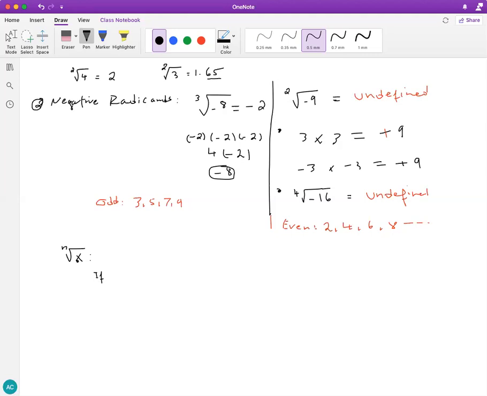So if n is even, x cannot be what? Just like here, x can't be what sign? If this is even, the number here can't be negative. Exactly, can't be negative.